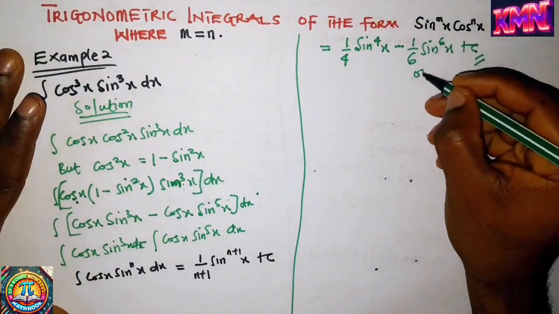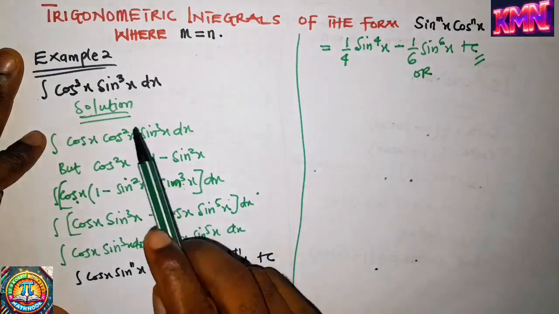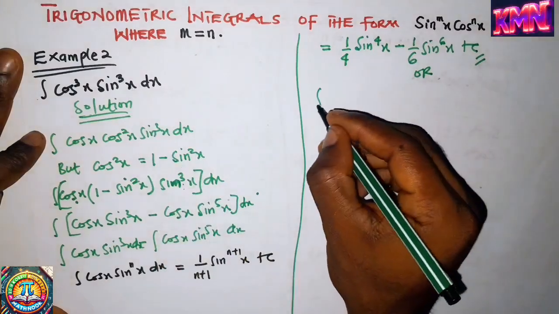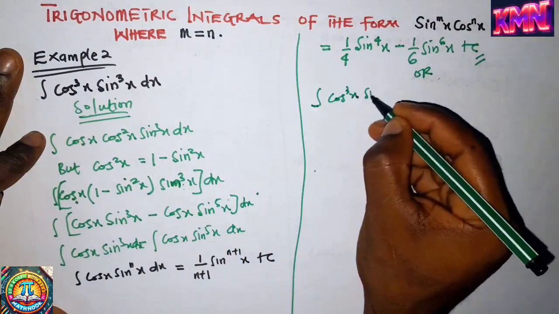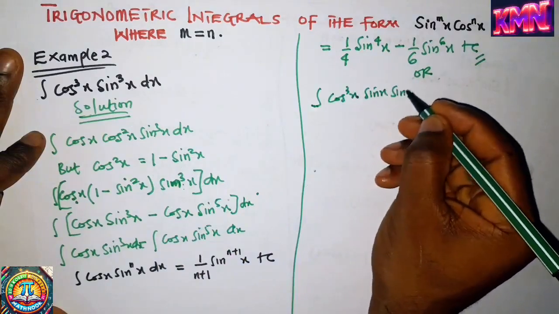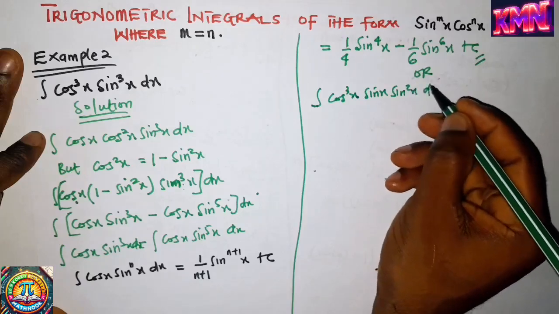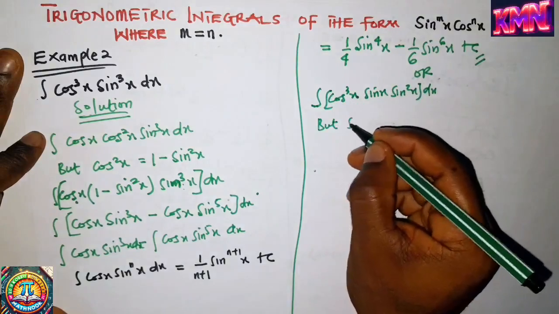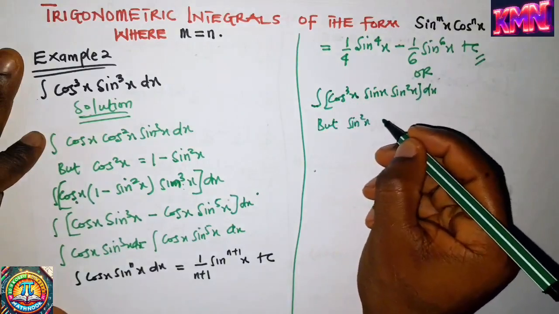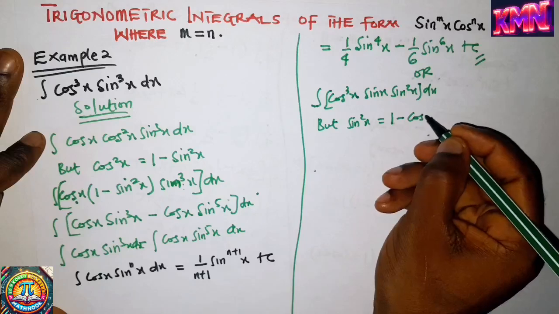Or we split the sine, and with that we're going to have integral of cosine cube x sine x sine squared x dx. But the Pythagorean identity for sine squared x is 1 minus cosine squared x.